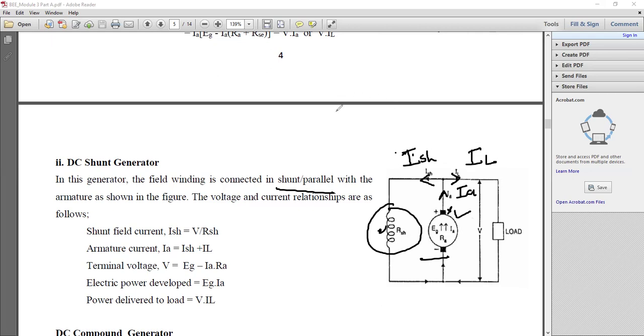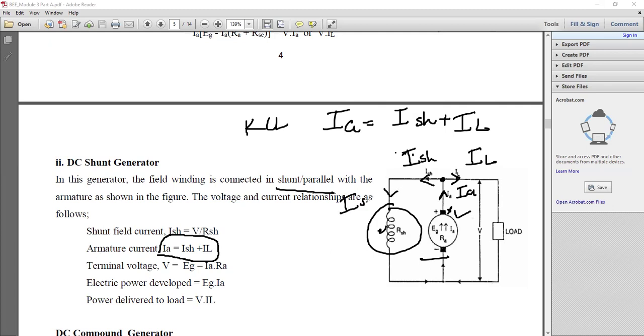Therefore, according to KCL, the entering current at a junction is equal to the current leaving the junction: Ia equals Ish plus IL. Please make a note of this. How do you calculate Ish?